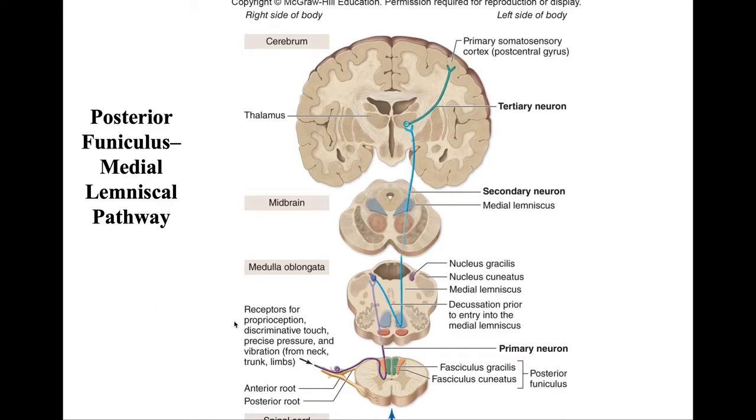Here's how it works. On this page, I see sensory information coming in. And remember, sensory information comes into the back side of the spinal cord. So it's coming in from some receptor somewhere. If you have your hand on a hot plate, for example, your hand is getting burned and you're feeling the sensation on your hand, well, that's going to go up into the spinal cord, into the back side of the spinal cord.